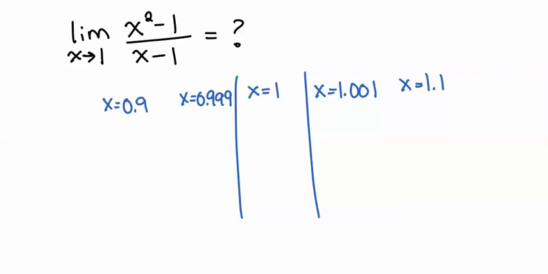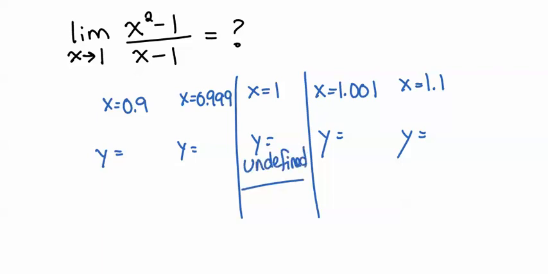Okay, so I've picked those values. Now I'm going to see what their y values equal when I sub them in. Right away I know if I sub a 1 in, 1 minus 1 is going to be 0 in the denominator, which is going to be undefined. So that's actually not helpful. Just subbing it in this example didn't even help us figure out the answer.